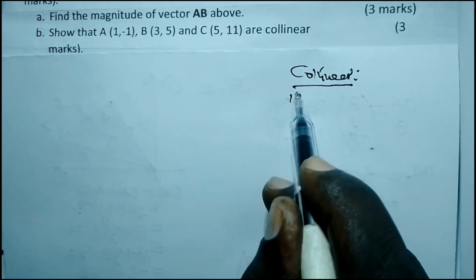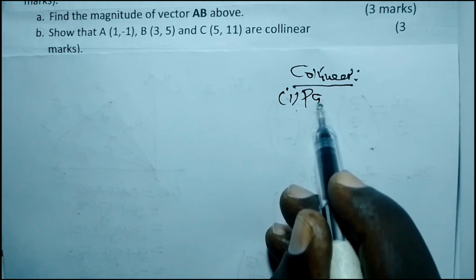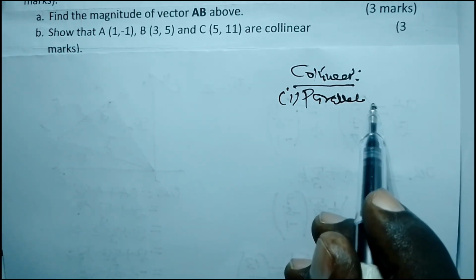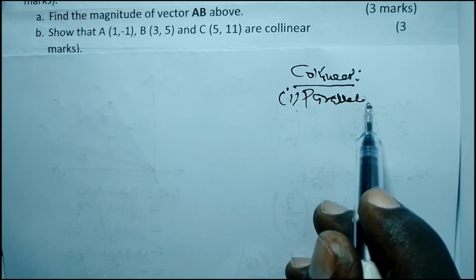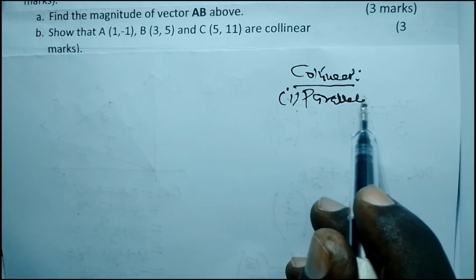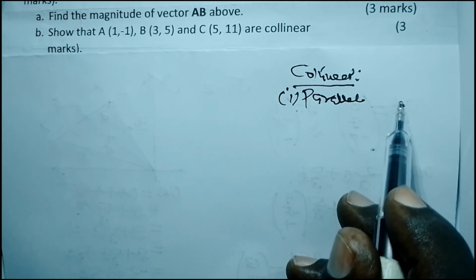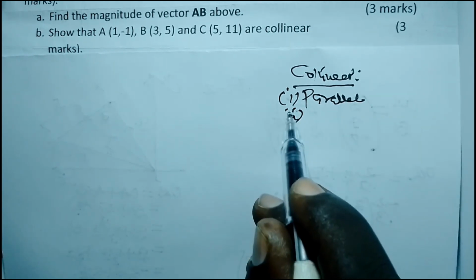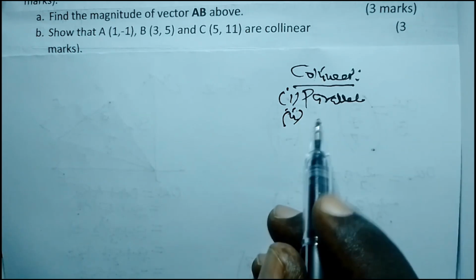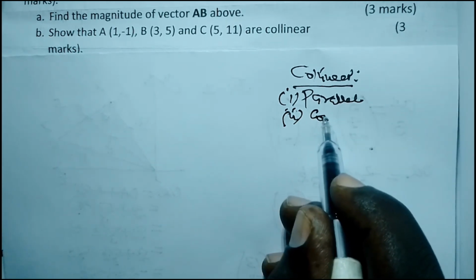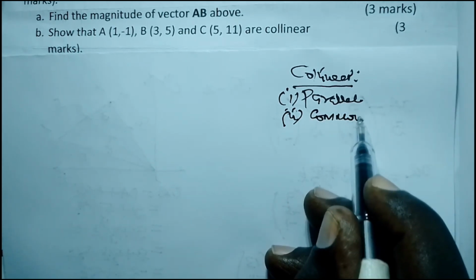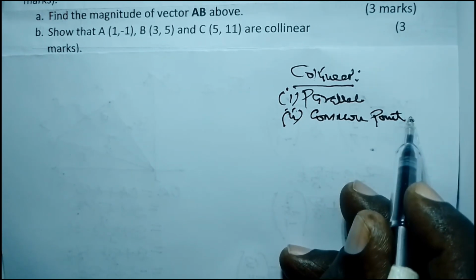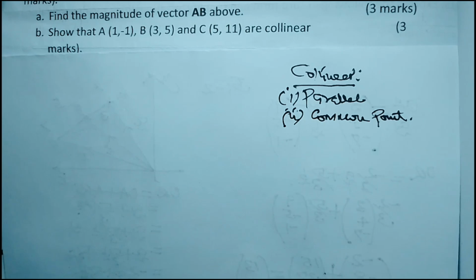First, we need to show that the two vectors are parallel, meaning that you can express one in terms of a scalar multiple of the other, and second, you need to show that there's a common point between them.